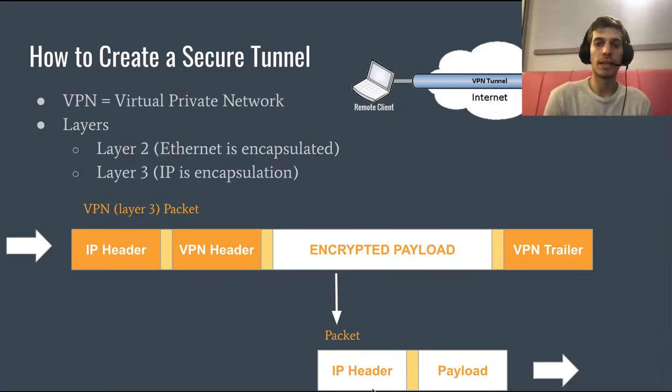So this is the packet that we want to send to the other side. The VPN service will take this packet, encrypt it, add a couple more headers, and then send it across the tunnel to the other side. Then it will be dissected and broken down.